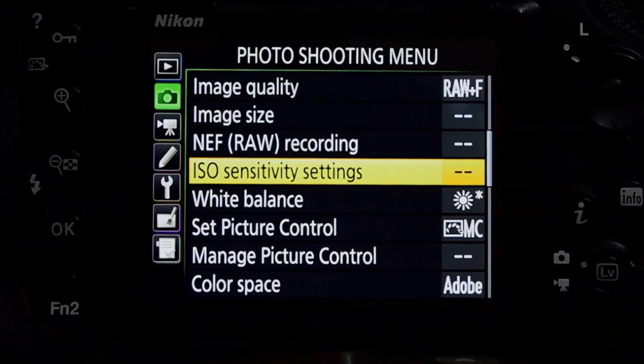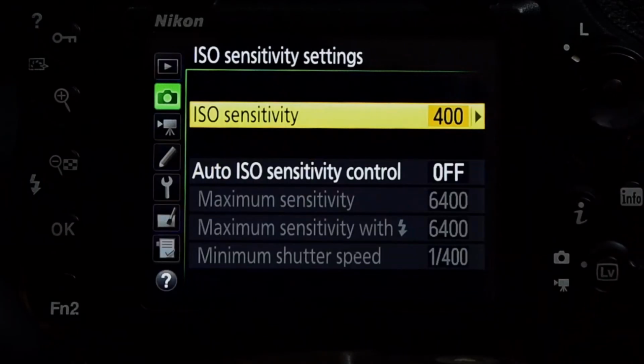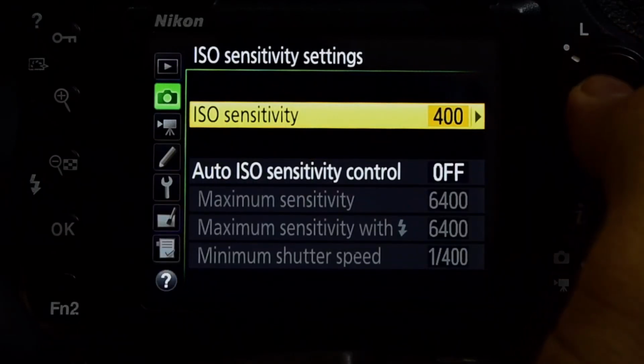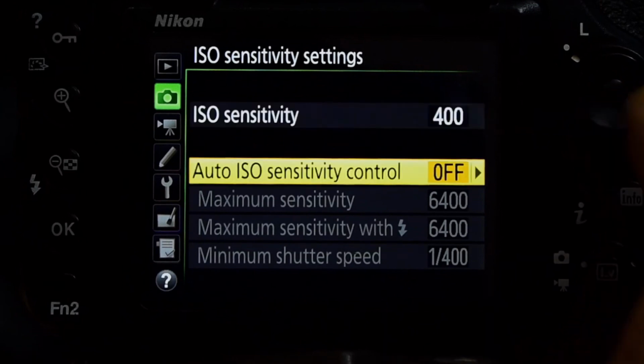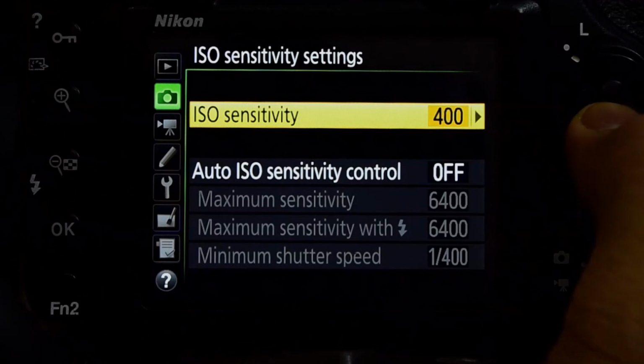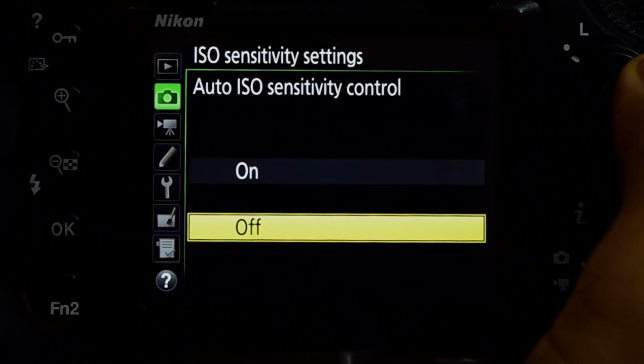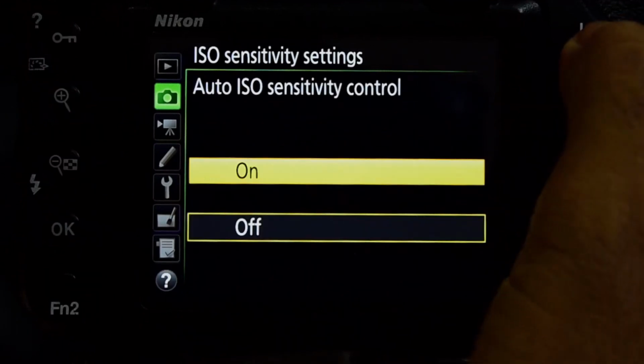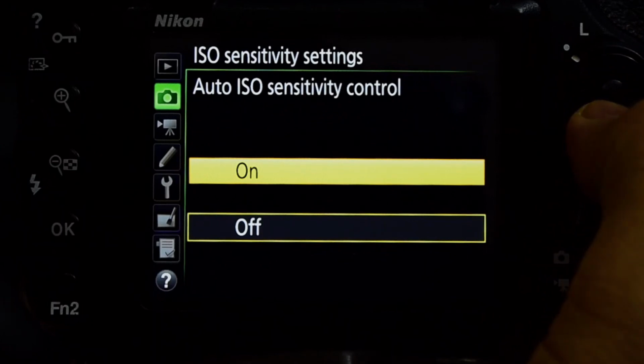Coming to the ISO. Keep the ISO on auto so that the exposure is taken care of depending on the shutter speed which you are using.